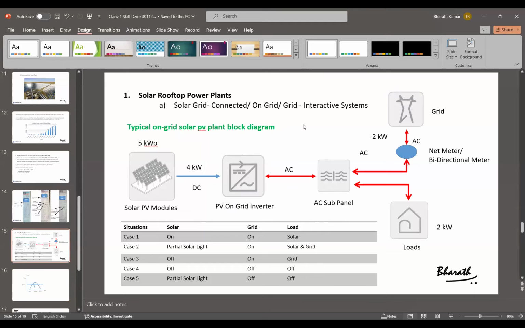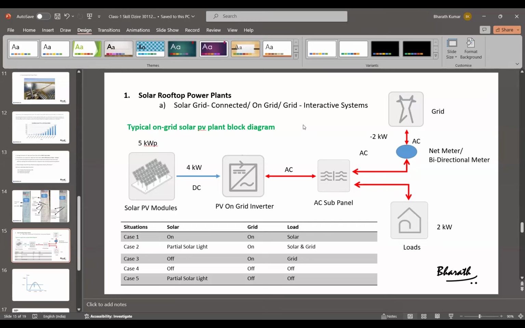Then the client comes shouting at vendors that you have not given a proper system. So you have to tell them that if you are going with an on-grid system, there is no backup. This system is to save your power bill, not for backup.